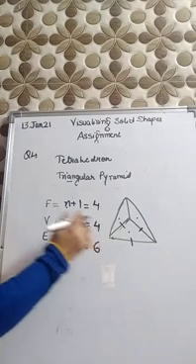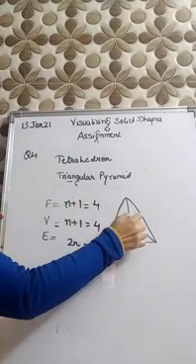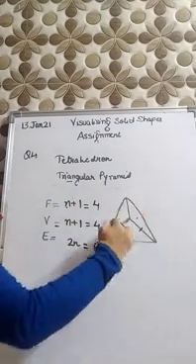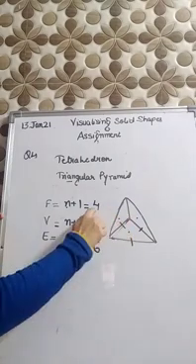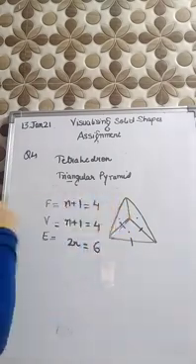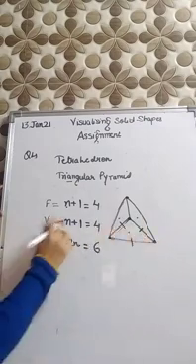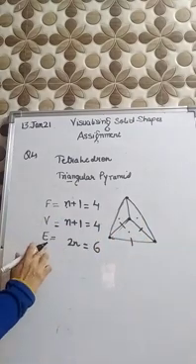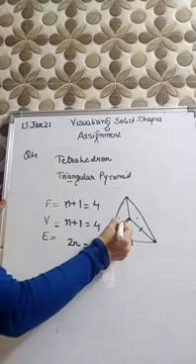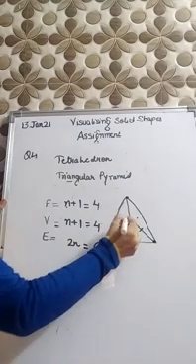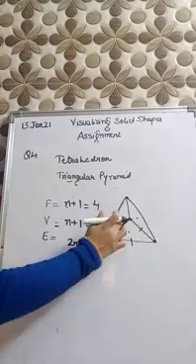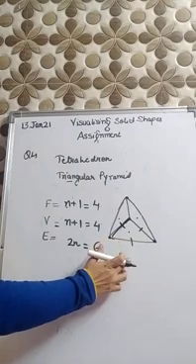And if you want to count faces, 1, 2, 3 and the one triangle at the back side, that will be 4 faces. Now vertices are 1, 2, 3 and 4. So 4 vertices are there. In the case of edges, you will count all the line segments. In the base you have a triangle, it is composed of 3 line segments.